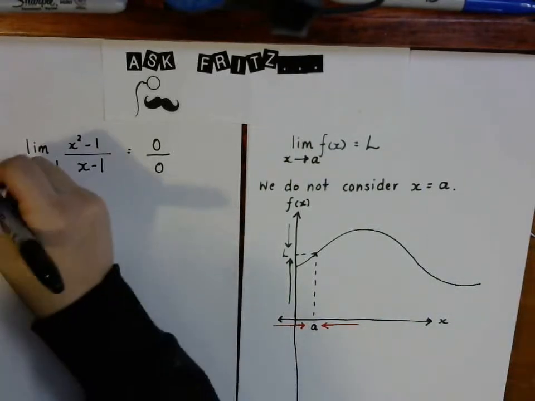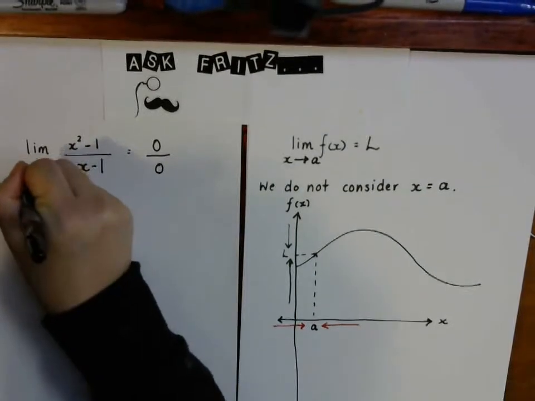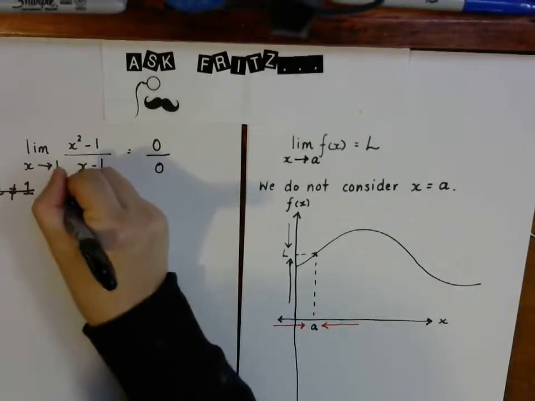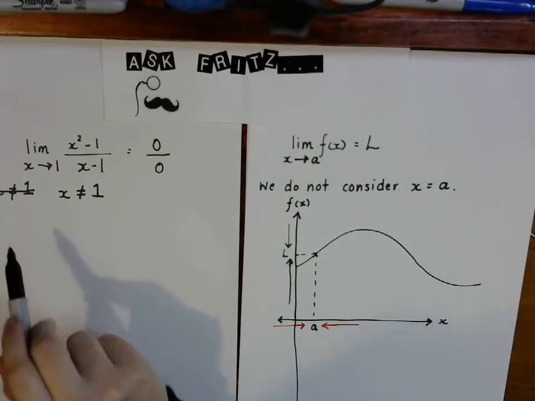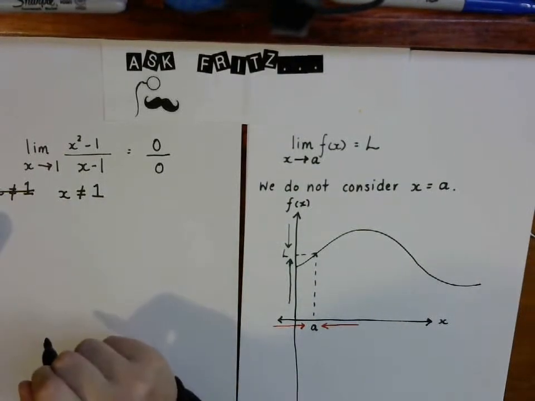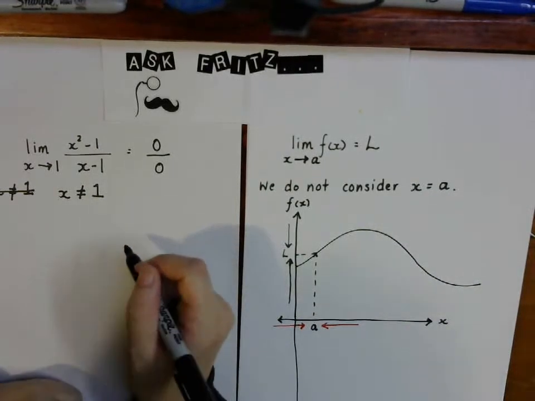Now, we do need to stipulate that we do not want to evaluate this at x equal to 1. So x cannot equal 1. X would not be equal to 1. So in that way, we are able to factorise the numerator and the denominator. So let's go ahead and do that.